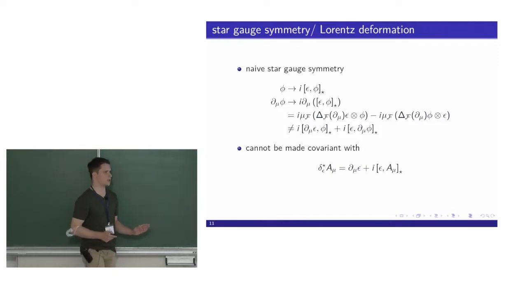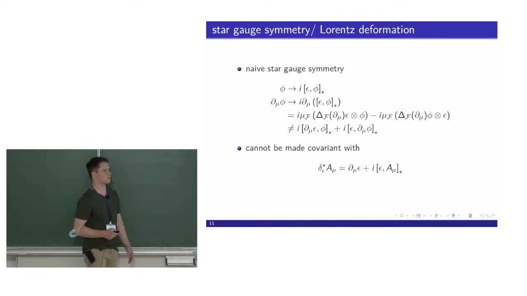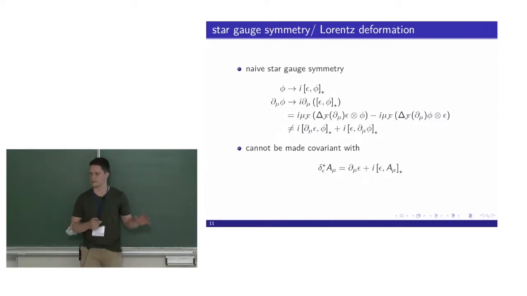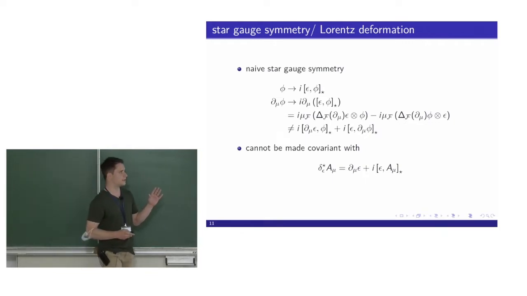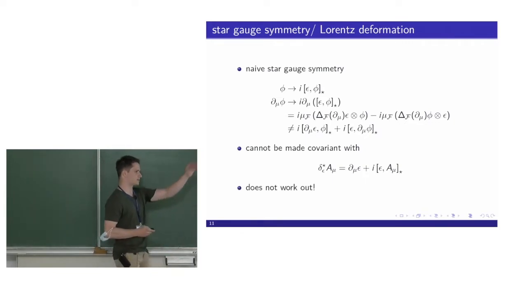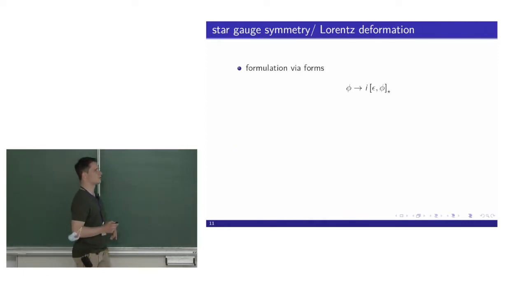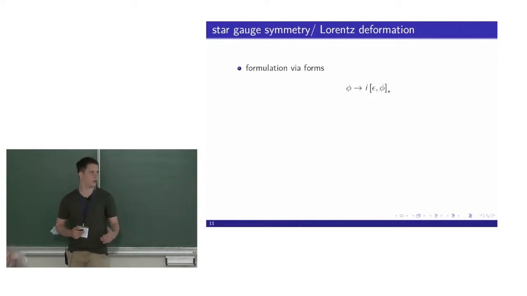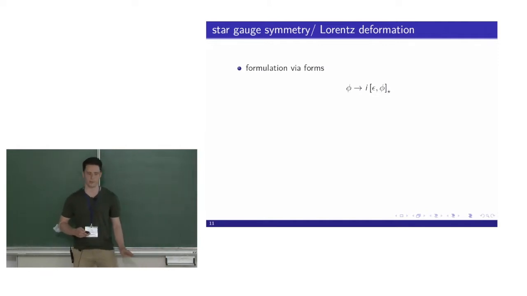So this is a complication, but to be honest, this shouldn't really surprise us, because we didn't consider that the twist also sees the basis 1-forms. So this story here doesn't work out, but what we instead need to do is formulate everything via forms. These scalar fields are 0-forms, so it makes sense to stick to this star commutator as the transformation rule.